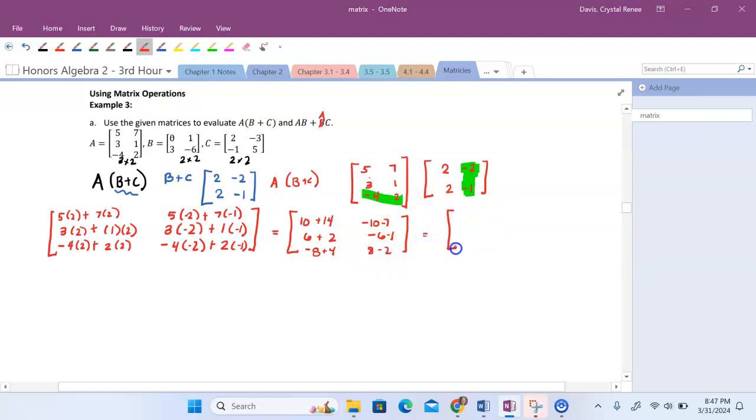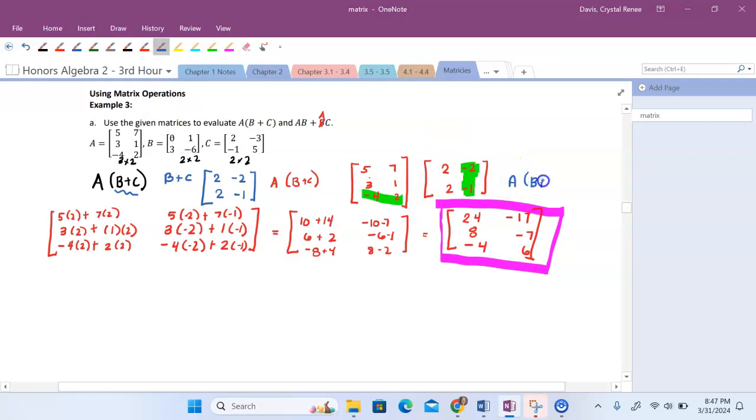From here, 10 plus 14 is 24, 6 plus 2 is 8, this is -4, -17, -7, and +6. So this would be my A times B plus C matrix.